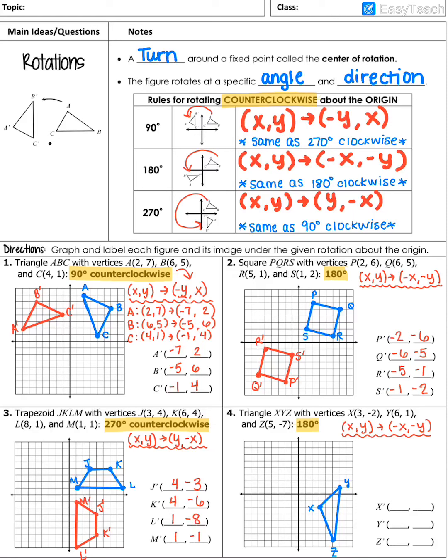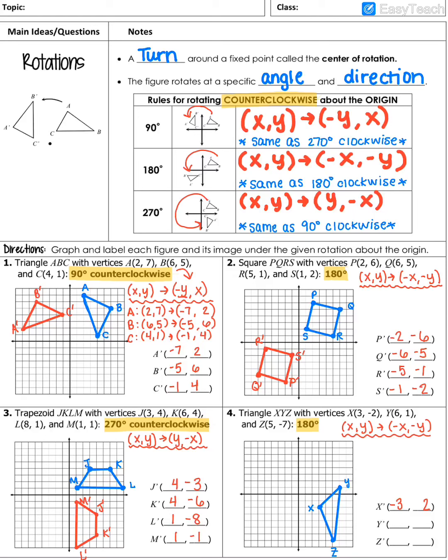So for X prime, we start off with the point 3, -2. That was my original, but now I have to change the signs. So the 3, since it's positive, becomes negative, and since the 2 was negative, now it becomes positive. So I'm just going to get rid of the negative.